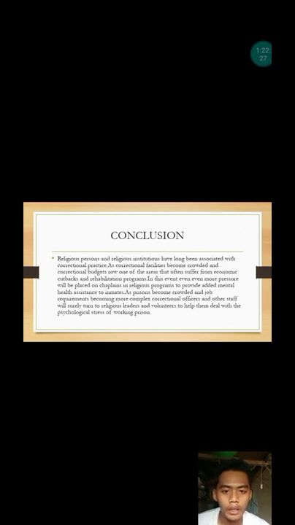In this event, even more pressure will be placed on the chaplains and religious programs to provide added mental health assistance to inmates. As prisons become crowded and job requirements become more complex, correctional officers and other staff will surely turn to religious leaders and volunteers to help them deal with the psychological stress of working in prison.